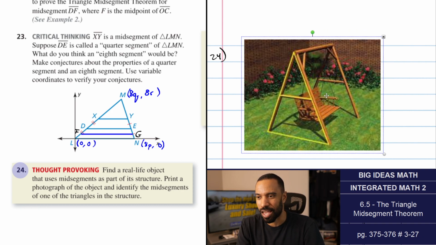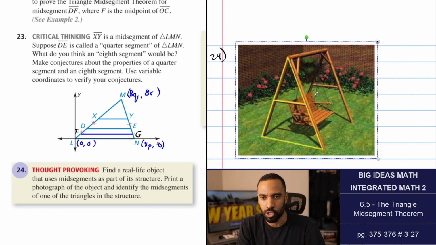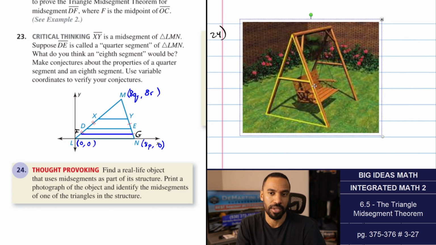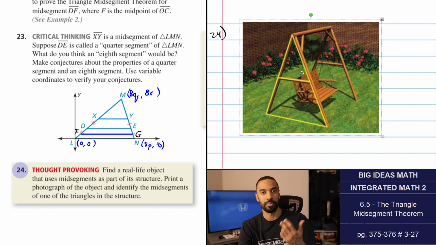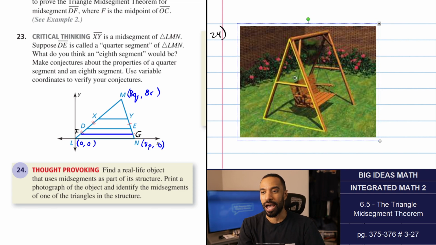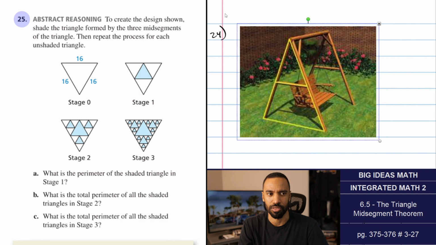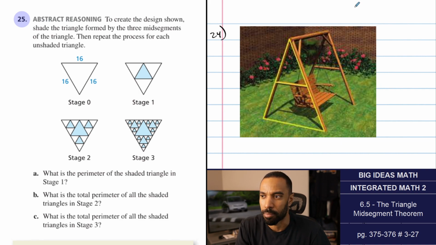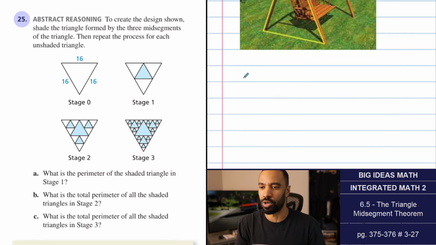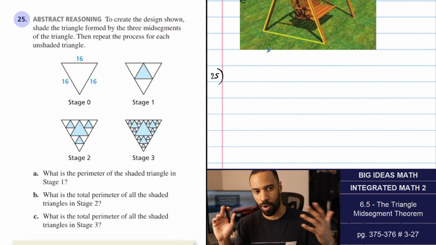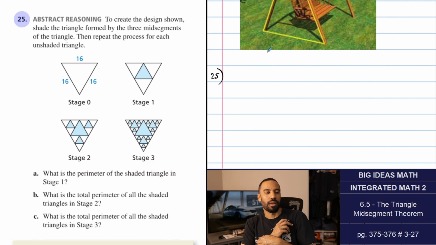I don't really know if there's anything where it's structurally important that this thing is a midsegment right there to make it happen, and it only uses one of them. It doesn't use all three. So this is one that I'm kind of skipping. I don't really have much to say on it. It's not even thought-provoking so much. I'm not saying it's not thought-provoking, but it's something where you would find one as opposed to think about why. I'm just going to move forward.